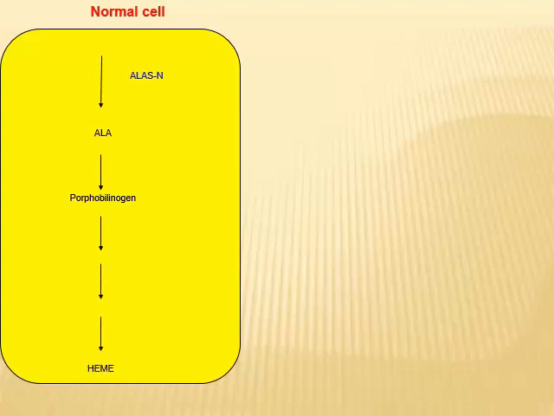The heme synthesis pathway contains some toxic intermediates, e.g., porphobilinogen. The end product of this pathway, which is the heme, exerts a negative feedback inhibition on the ALA-SN enzyme.